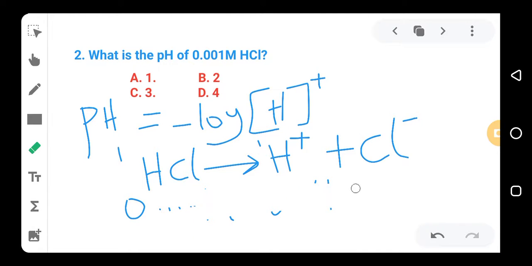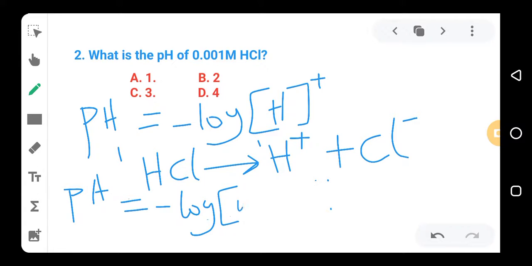So the pH is equal to minus log of 0.001, and that will give us minus log 10 raised to power minus 3. 0.001 is equal to 10 raised to power minus 3 if we convert it to standard form.